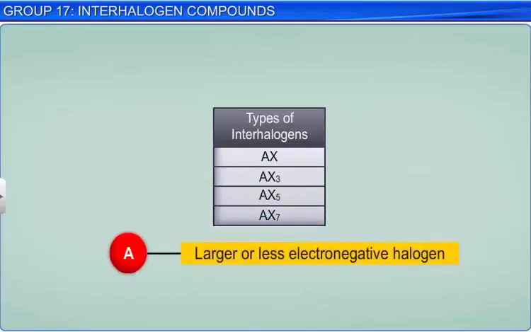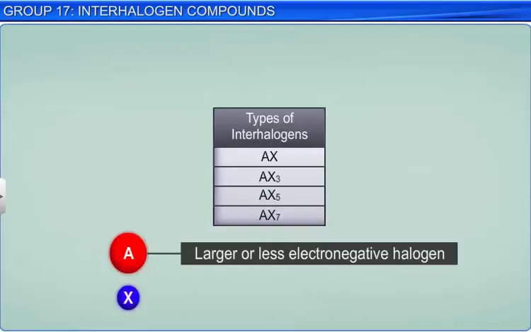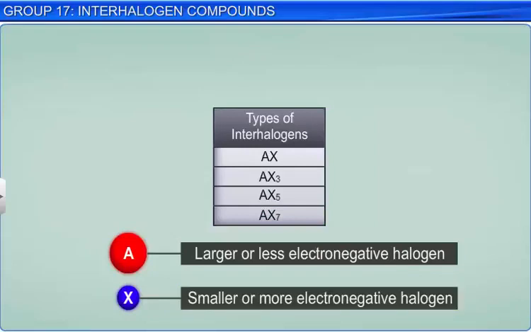Note that in these types of molecules, the number of atoms per molecule are 2, 4, 6, and 8 respectively.